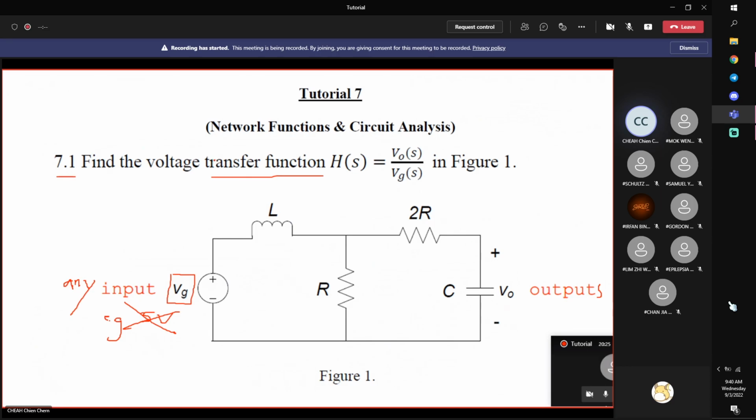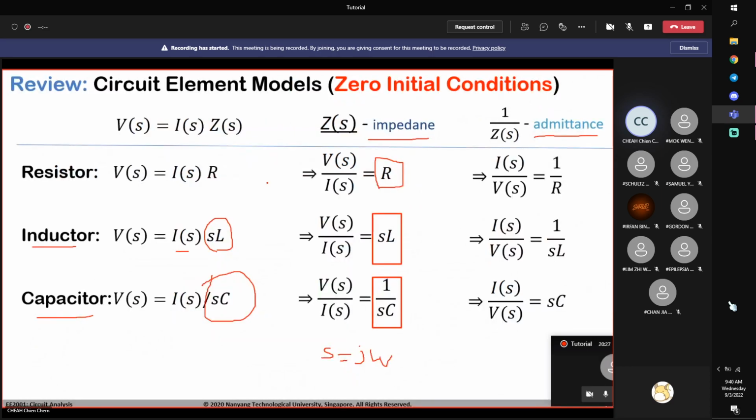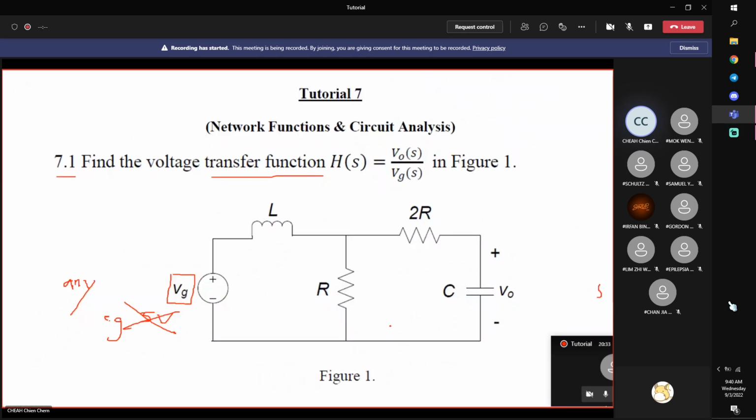In transfer functions, as I said, always assume initial condition is 0, which means that you use SL for inductor, 1 over SC for capacitors.